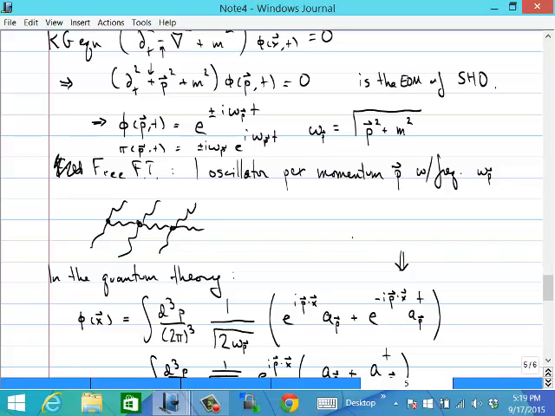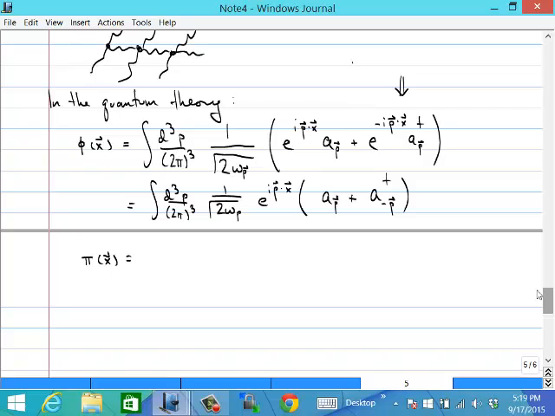So that motivates something that for right now is just going to be a definition. So I'm going to include a factor of i times omega_p in my definition of pi relative to that of phi. Okay.